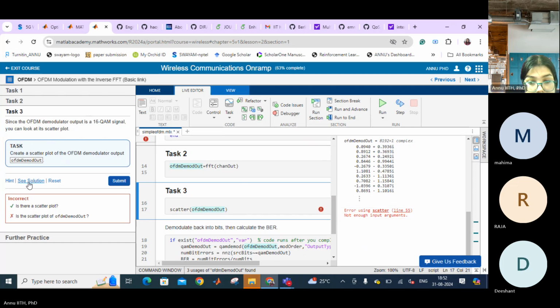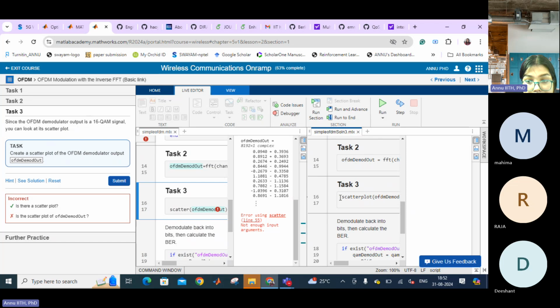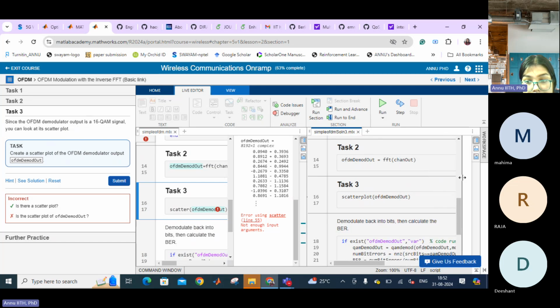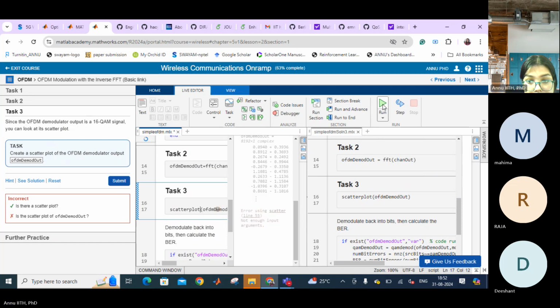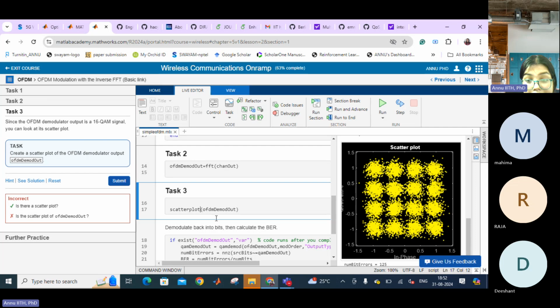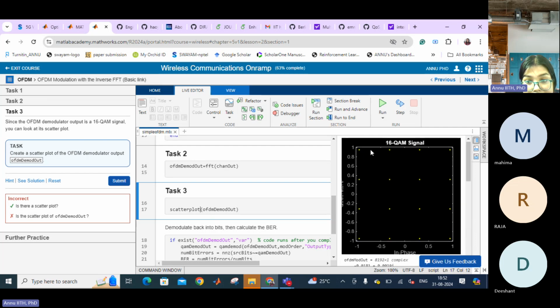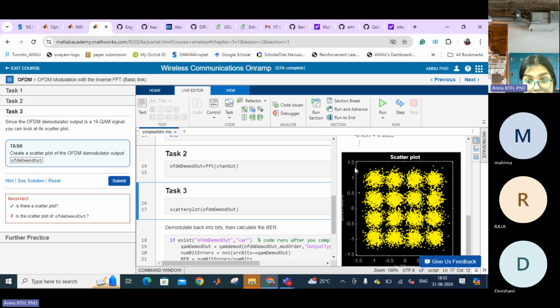Let's see the solution. Scatter plot. So it's not scatter, only scatter plot. Sometimes I make this type of mistake. So yeah, you can see after demodulation, you are having this much noisy signal. So this was the modulation. The symbols are transmitted over this, and after this, you are having this type of noise.